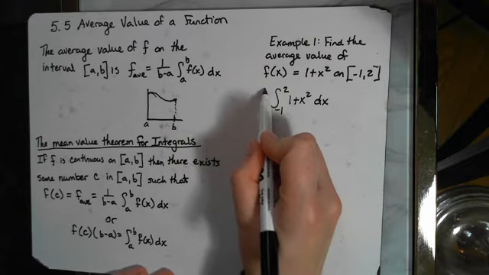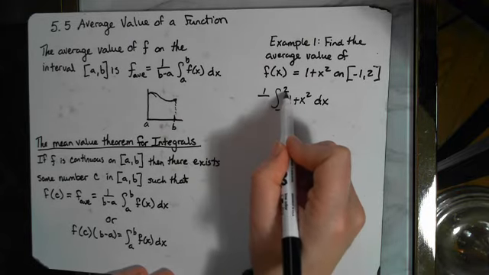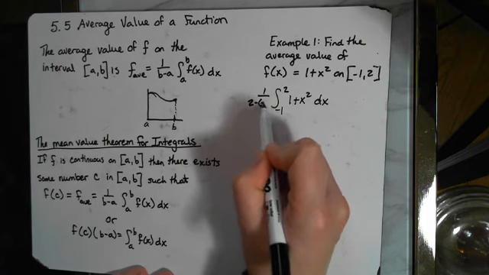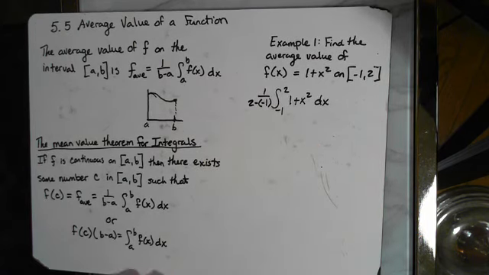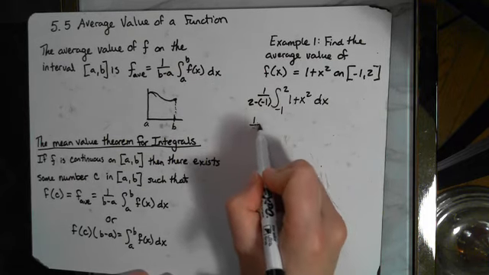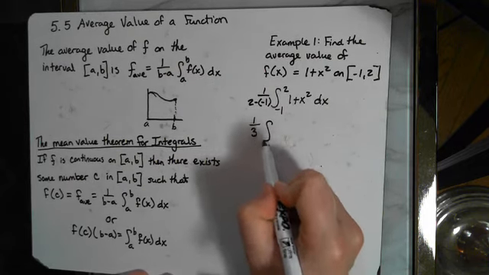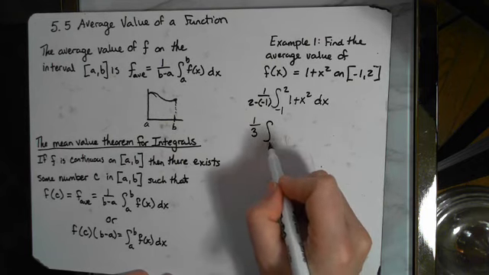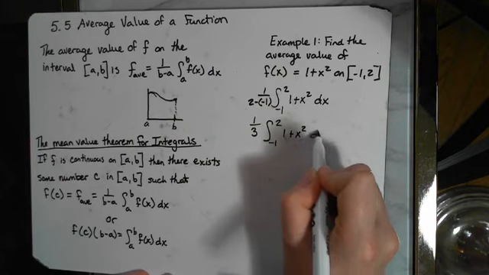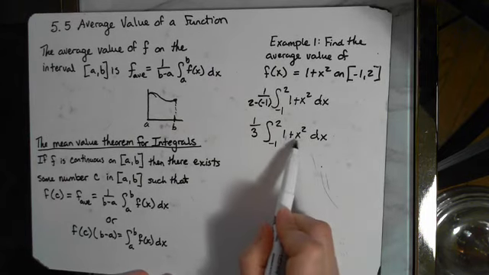Now in front, I'm going to do 1 over b minus a, so 1 over 2 minus -1. This simplifies to 1 over 3 times the integral from -1 to 2 of 1 plus x squared dx.